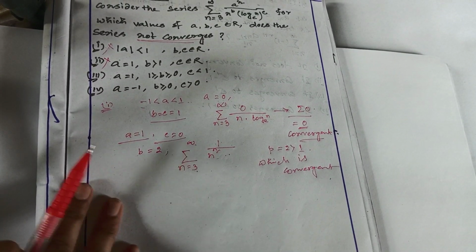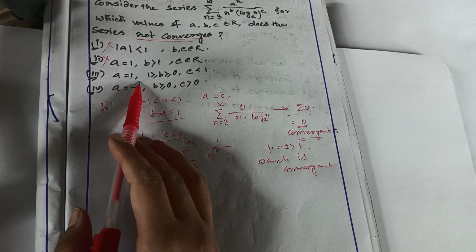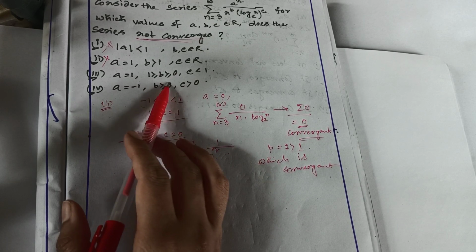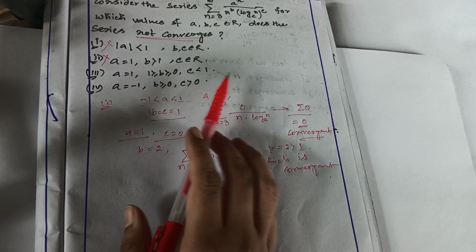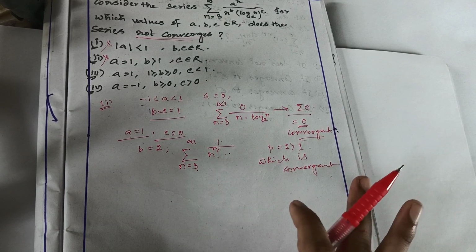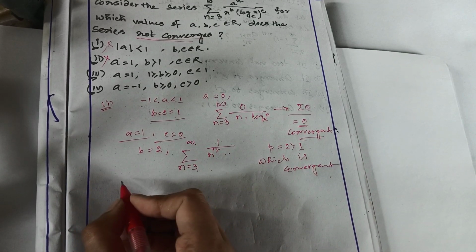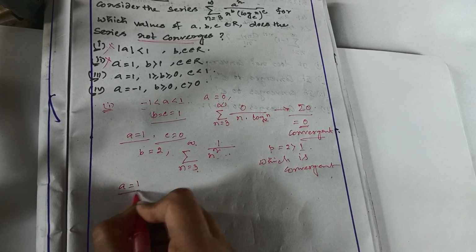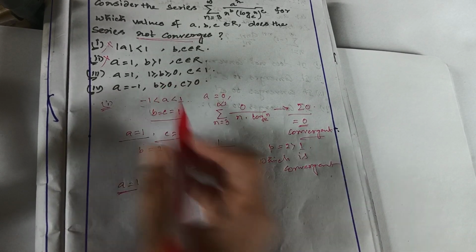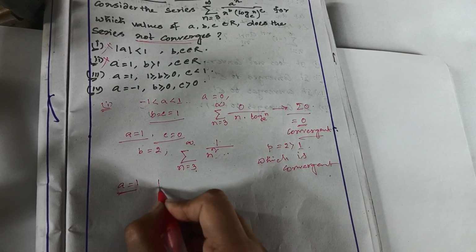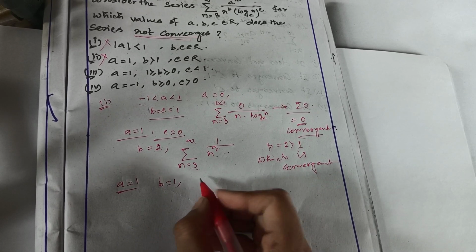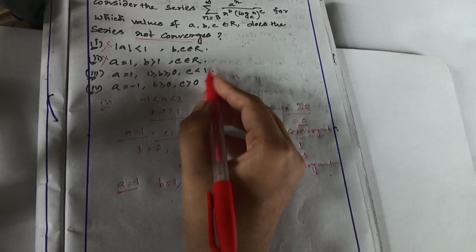Now the third option says that a equals 1 and 1 greater than or equal to b greater than or equal to 0 and c less than 0. This type of situation we consider. So here we put a equals 1, and b we consider b equals 1, and c less than 0.